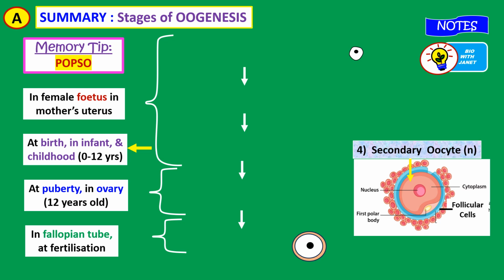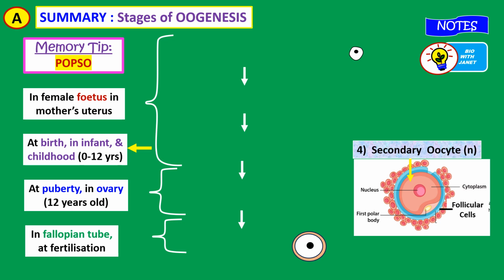So first of all, we're going to discuss the process of oogenesis. I'll give you the summary first so that you have a basic understanding of the different stages of oogenesis before we go on to the more complex details. So let's start.